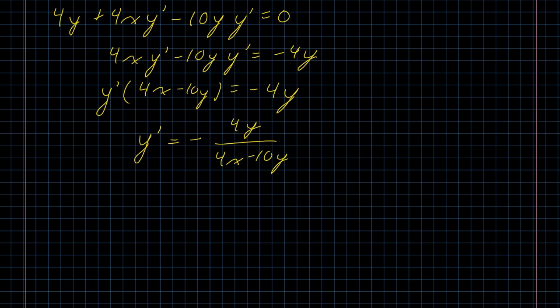I can stop there. But I did want to at least mention that if this problem was just asking you to differentiate, you would probably find an answer in the back of the book that looks a little bit different. There's a common factor of 2 between the numerator and denominator that we could cancel out.